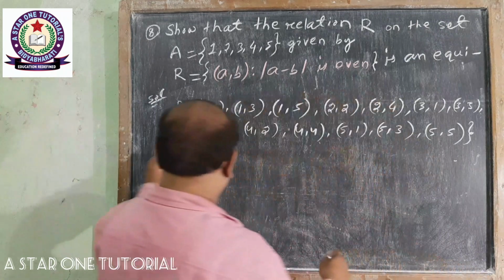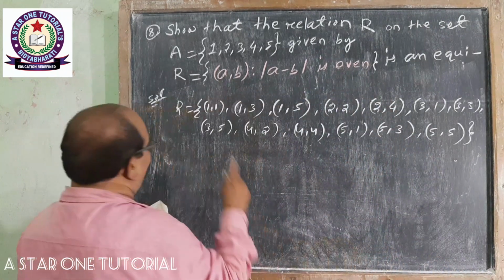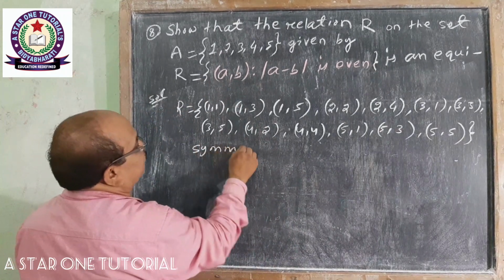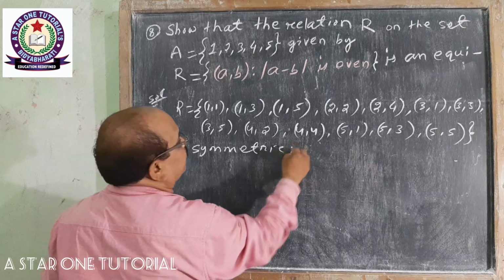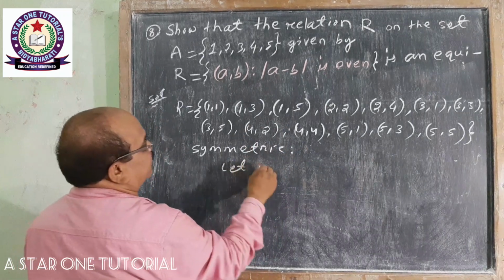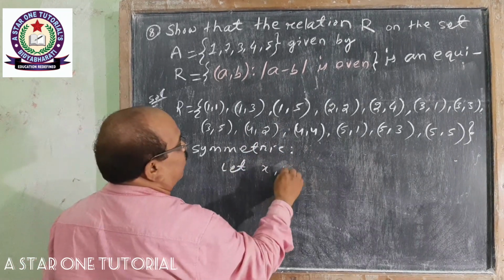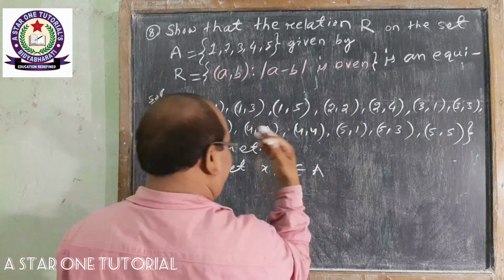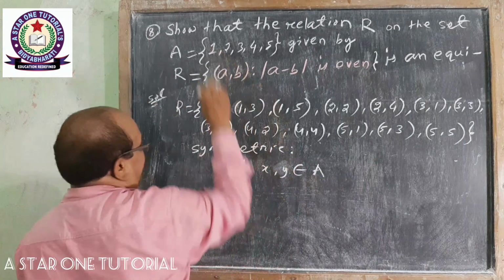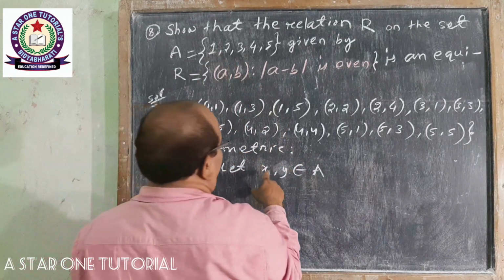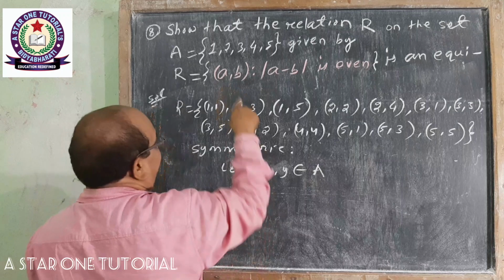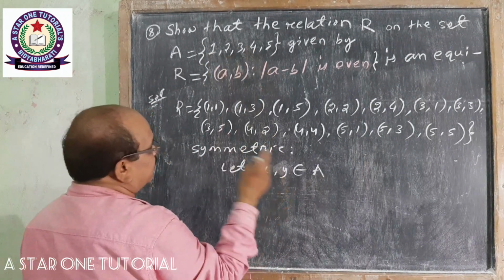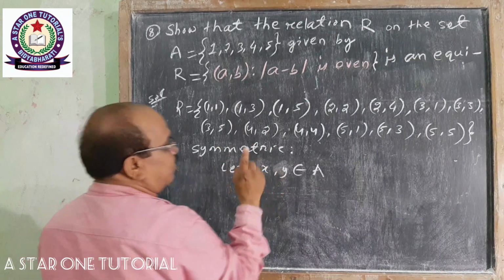For symmetric, we have to take two arbitrary elements of the set A. Let x, y belong to the set A. x and y are any arbitrary elements of the set A. But you cannot take, suppose if you take x is equal to 1, you cannot take y as a 2 or 4, because in that case the difference is not even.